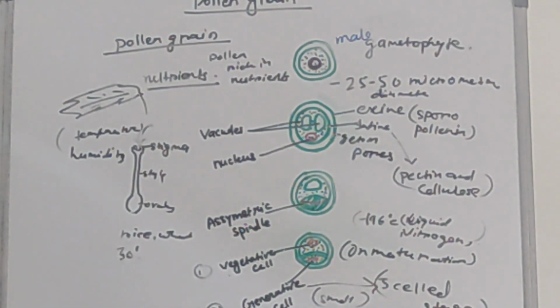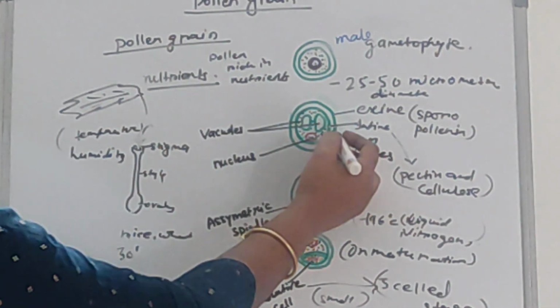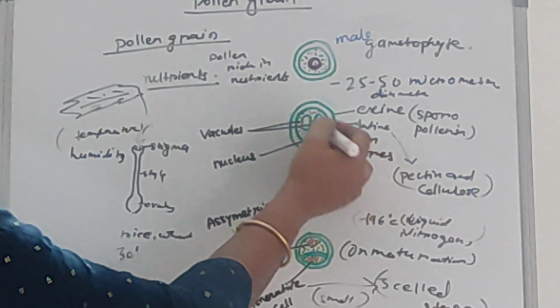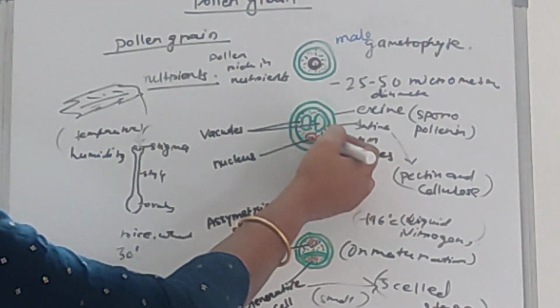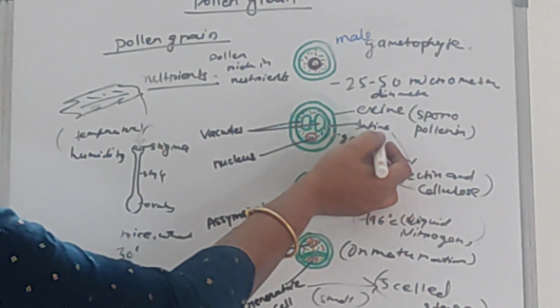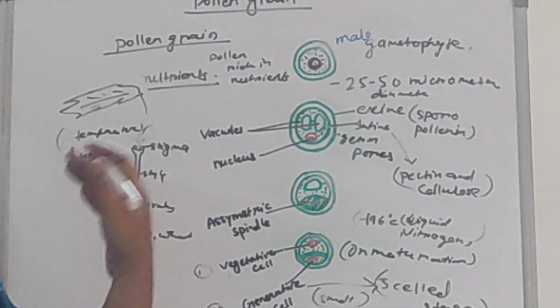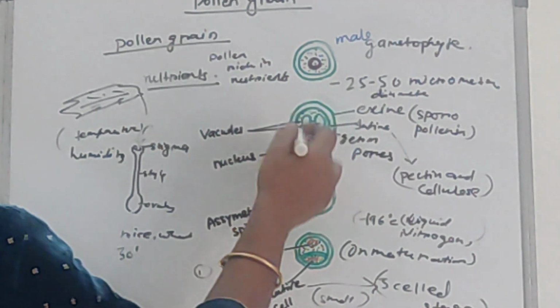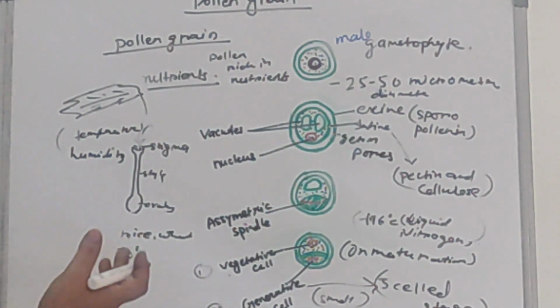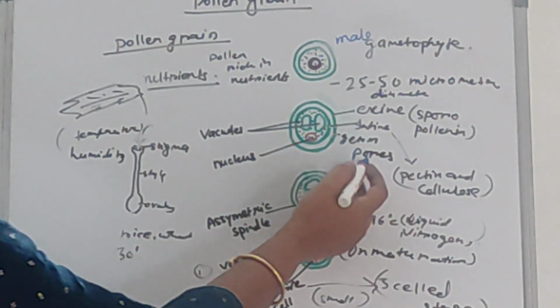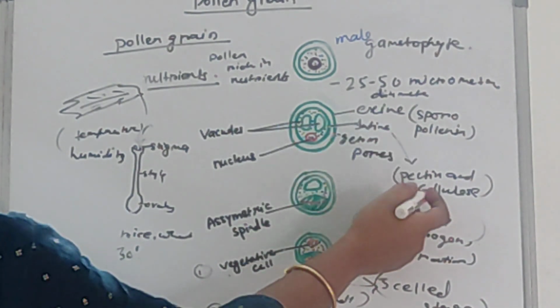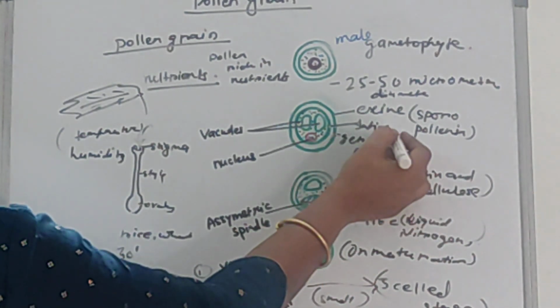Now let's see the inner wall of the pollen grain. The inner wall is called intine. See, exine is outer, intine is inner. It is made up of a thin layer of pectin and cellulose.